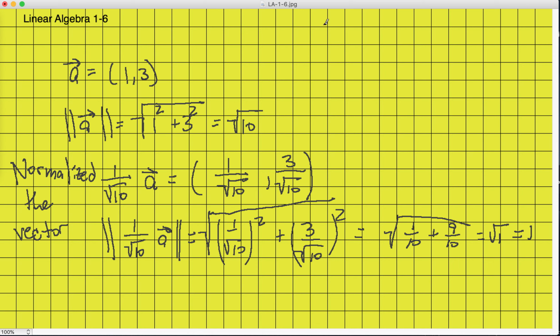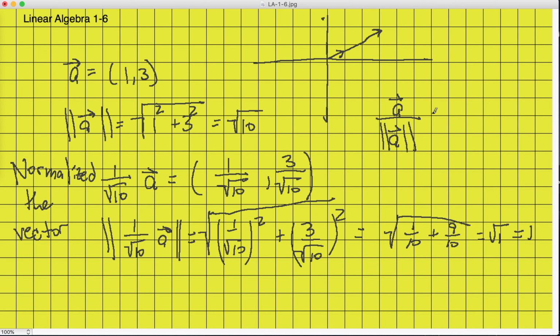So basically, you can think about it this way. If we have some vector that's going out here, if we normalize it, we're just going to come over here and it's going to go in the same direction, but it's just going to have length 1. So basically, the vector A divided by the magnitude of A is the normalized vector.